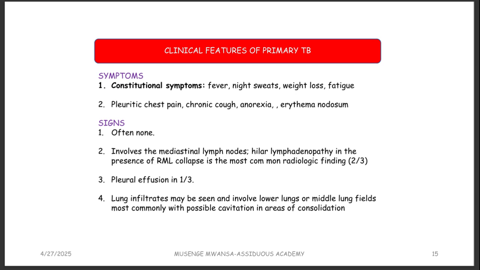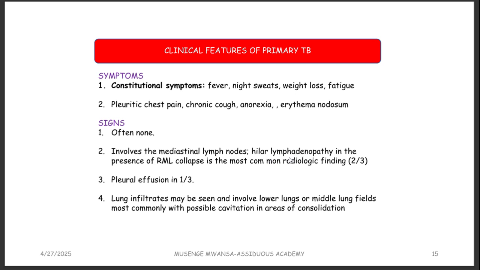Those are symptoms. For the signs, often someone will not have signs. When you do your auscultation, your percussion, your palpation, they probably might be normal. So majority is just on the taking of the history, not the physical exam. There's going to be involvement of the mediastinal lymph nodes, specifically the hilar lymph nodes.